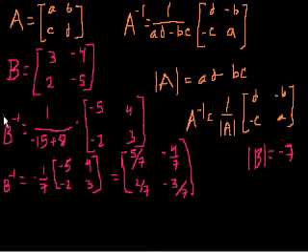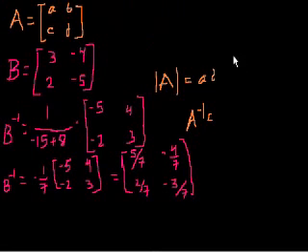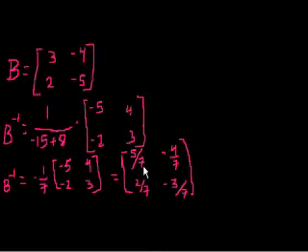Let's multiply them out. So before I do that, I should create some space. Actually, I don't even need this anymore. There you go. Okay, so let's confirm that that times this, or this times that, is really equal to the identity matrix. So let me switch colors.